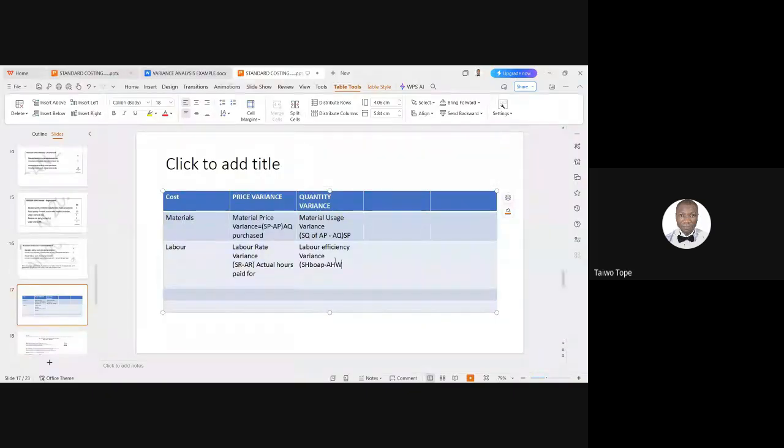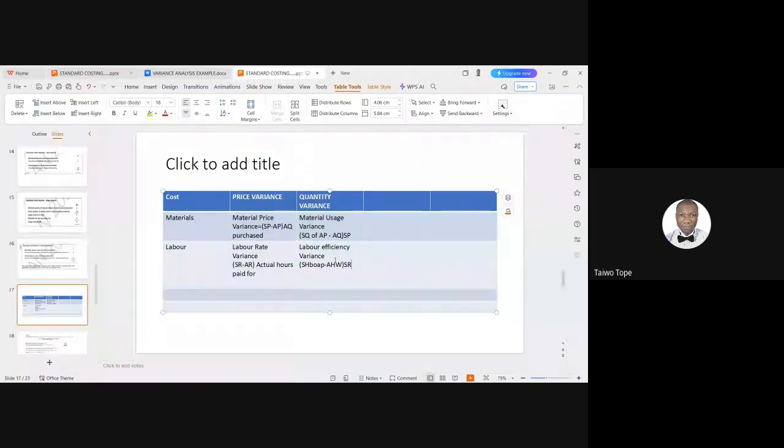We want understanding now. Don't just run to those big questions in the Pathfinder. You will not like it. So you must get this very well before you run there. Standard hours based on actual production, less actual hours worked, multiplied by your standard rates, the standard rates that have been set.